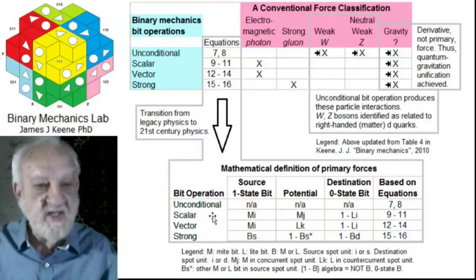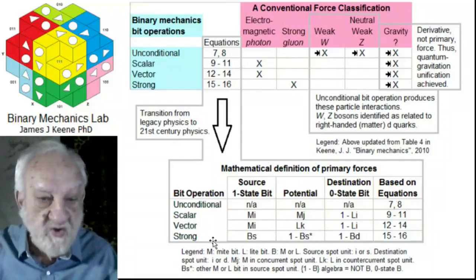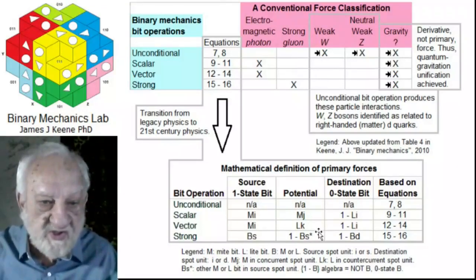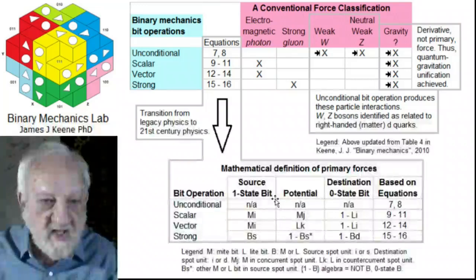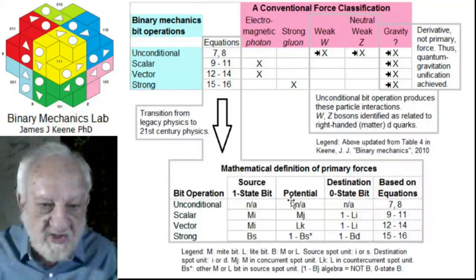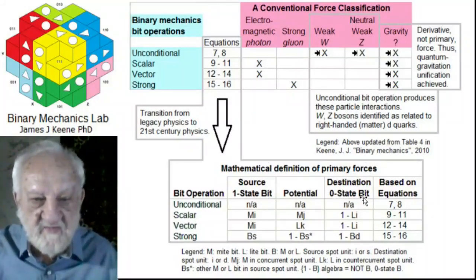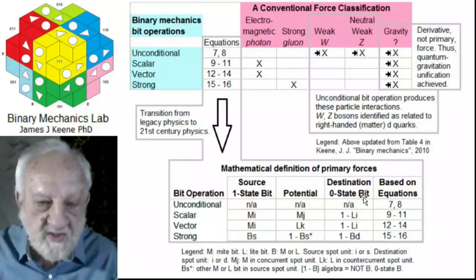And we see that we have three forces defined: scalar, vector, and strong. Each of these three forces has a nice parallel of three components: a source one state locus, an adjacent locus that has the potential for that force, and a destination zero state locus to receive the incoming quanta.